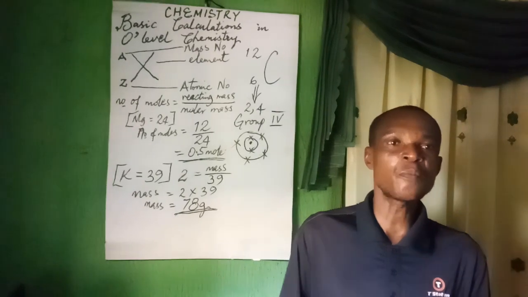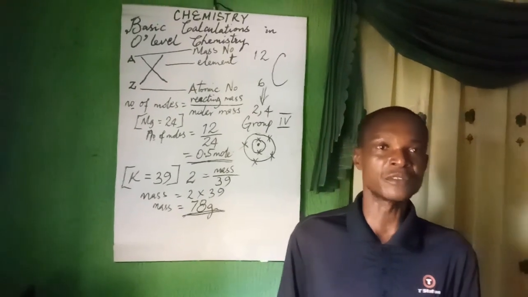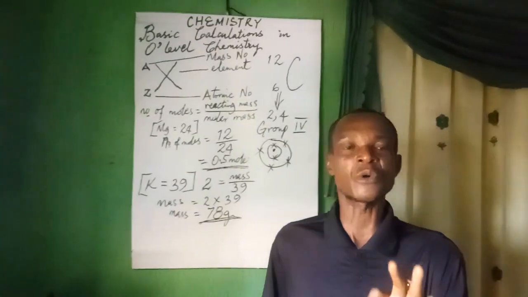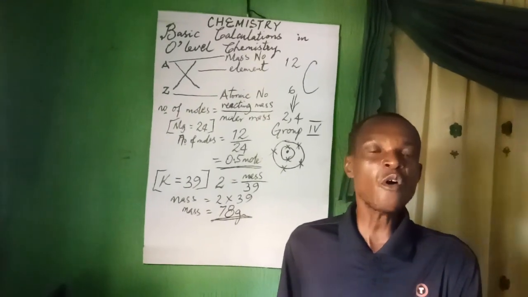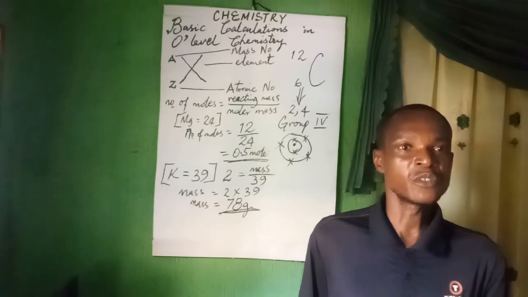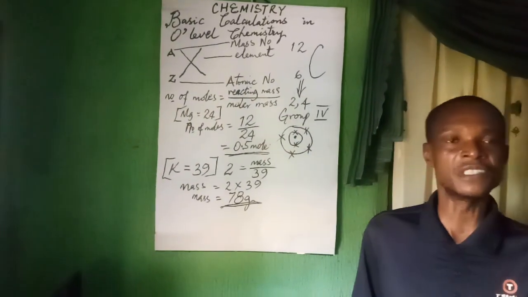But when a compound or a molecule is involved, we already know that in compounds or molecules we have more than 1 atom. We are now going to add the individual relative atomic masses of all the atoms that make up that compound. You will understand it better from the examples below. Just note this.